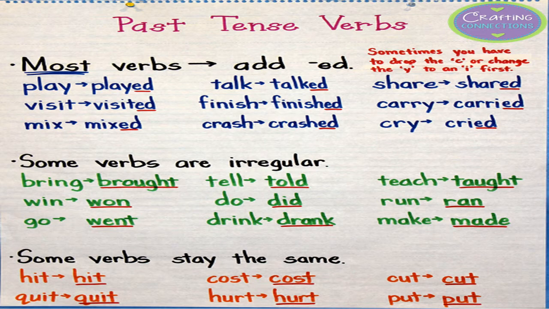This kind of verbs, we must memorize them in our mind very well. Okay? There are some verbs that stay the same, like hit, hit, quit, quit, cost, cost, hurt, hurt, cut, cut, put, put.